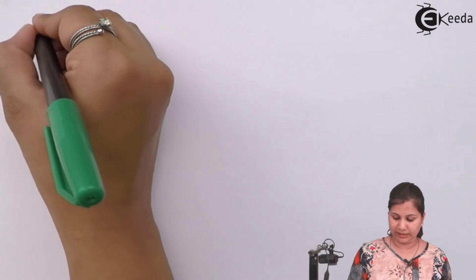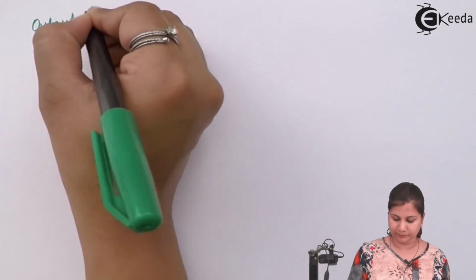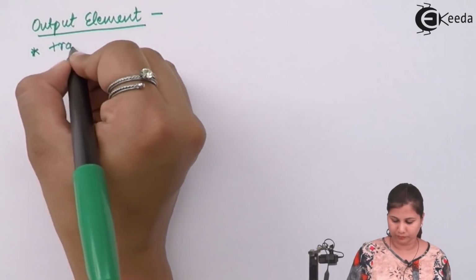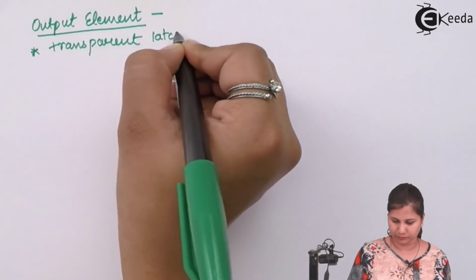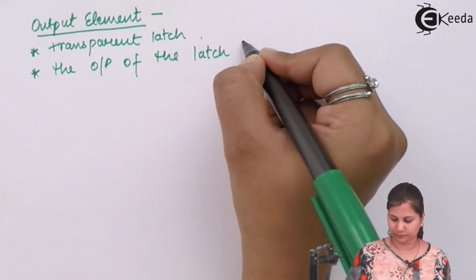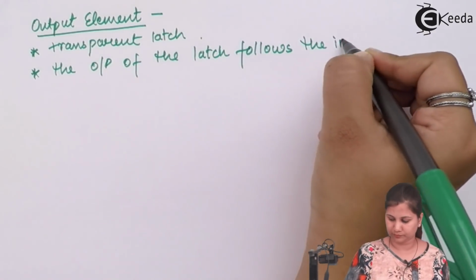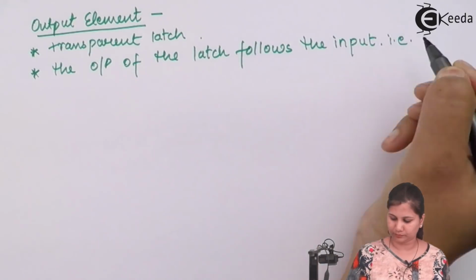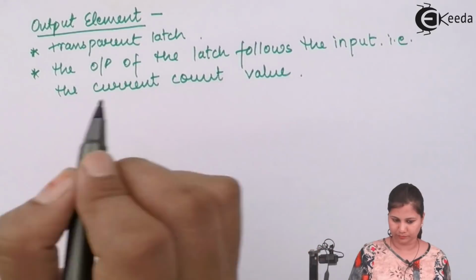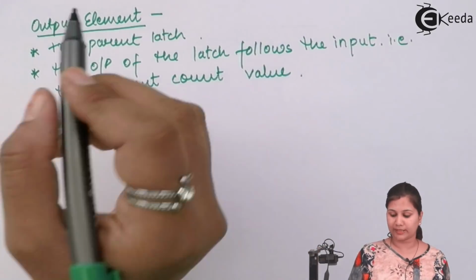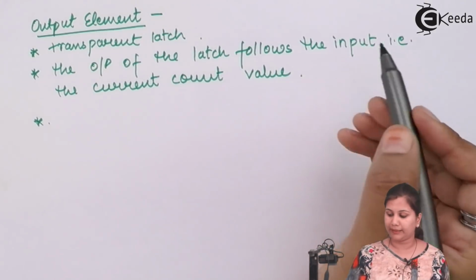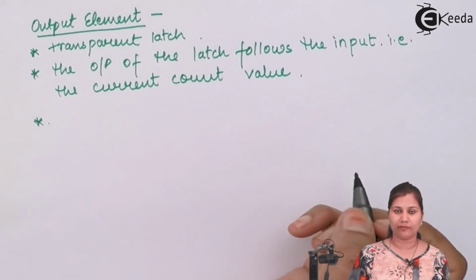So the third element is the output element. It's a transparent latch, the output of the latch follows the input, and the input is the current count value.